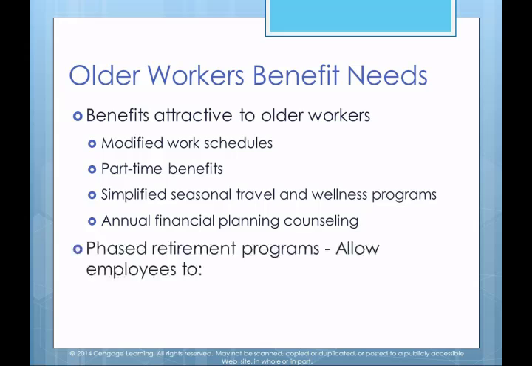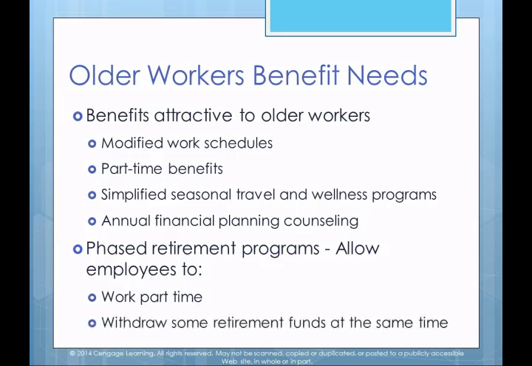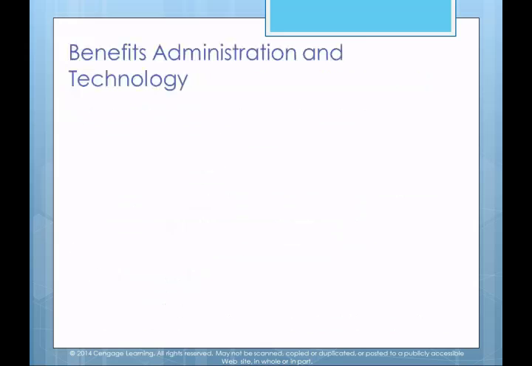Phased retirement programs allow employees to work part-time as they phase into retirement and withdraw some retirement funds at the same time. So this is a great way. A lot of hospitals are using the phased retirement program for doctors and nurses so that they're able to train the new nurses coming in with their wealth of knowledge and experience.